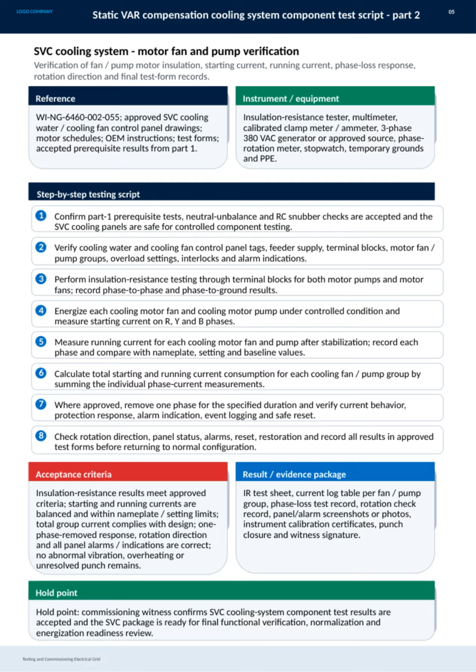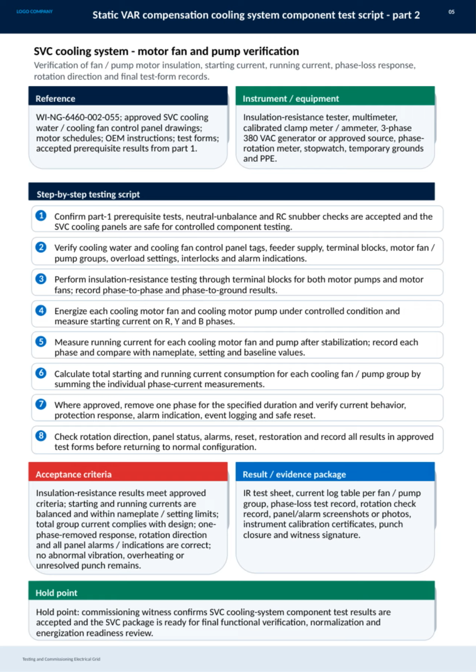Insulation resistance testing is performed through the terminal blocks for both motor pumps and fans, recording phase-to-phase and phase-to-ground resistance values. Following this, each cooling motor fan and pump is energized in a controlled manner to measure their starting currents across the 3 phases. After stabilization, running currents are recorded and compared against nameplate and baseline values to ensure balance and proper operation. We then calculate the total current consumption for each group, summing up individual phase measurements.